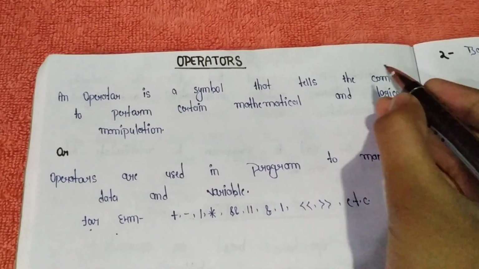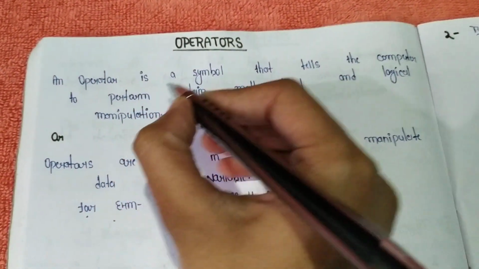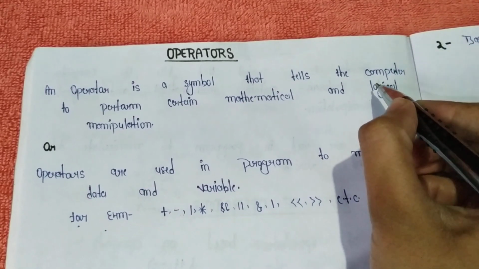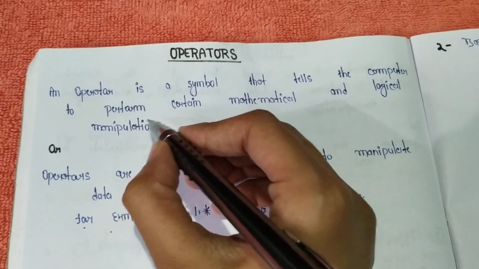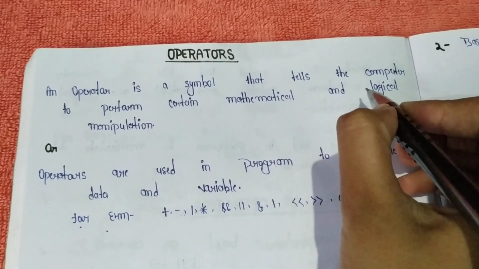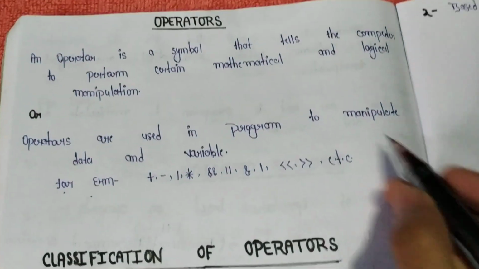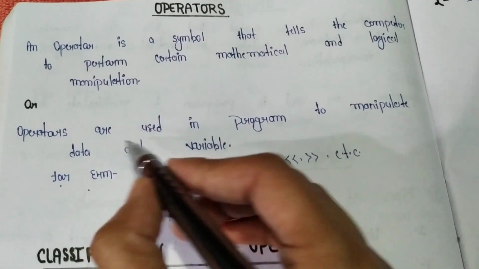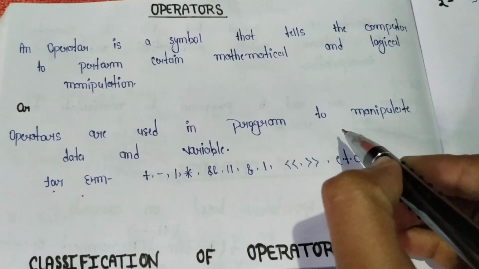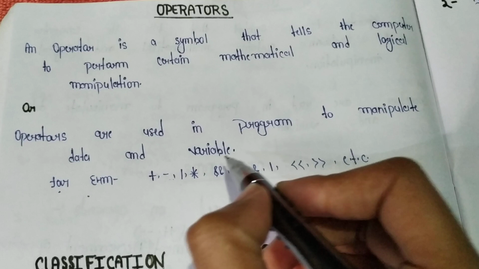First of all, let us discuss what operators are. Here we can see the definition of an operator. An operator is a symbol that tells the computer or compiler to perform certain mathematical and logical manipulation. In other words, operators are used in a program to manipulate data and variables.